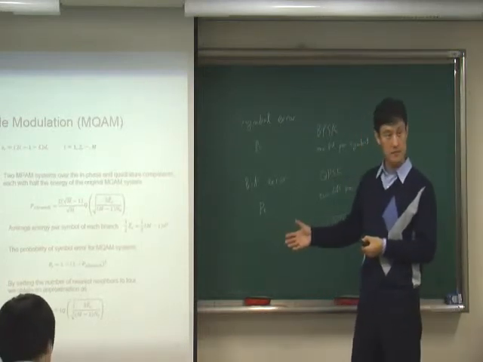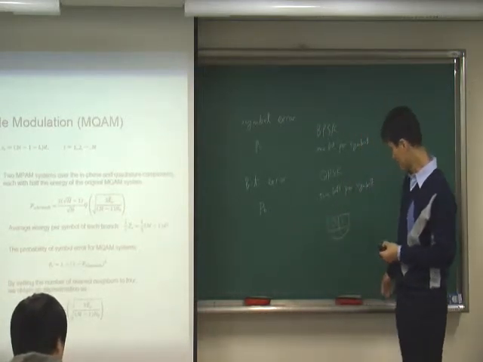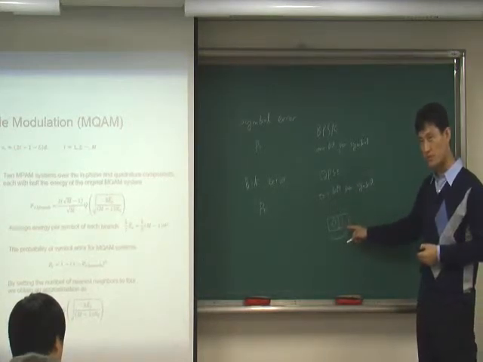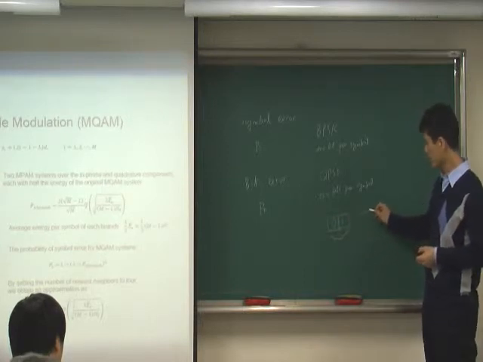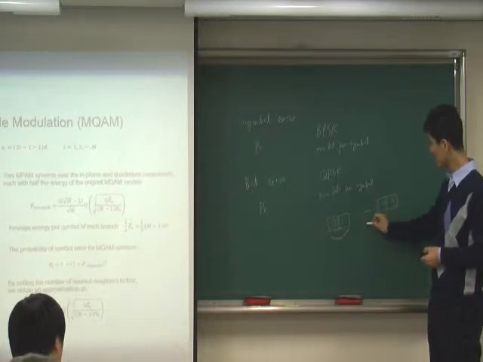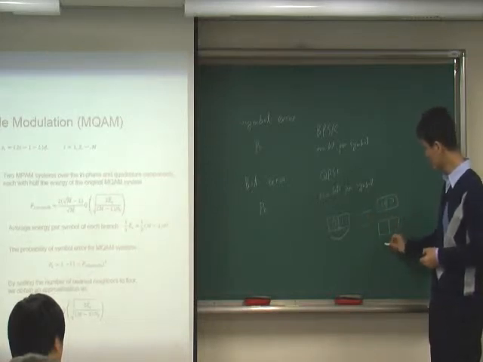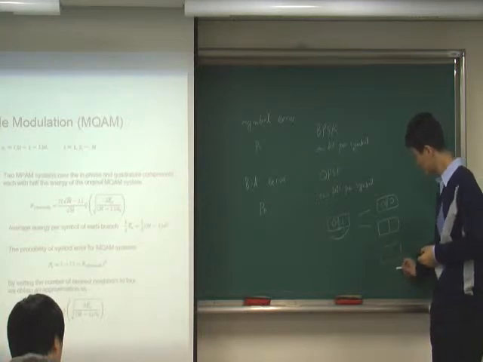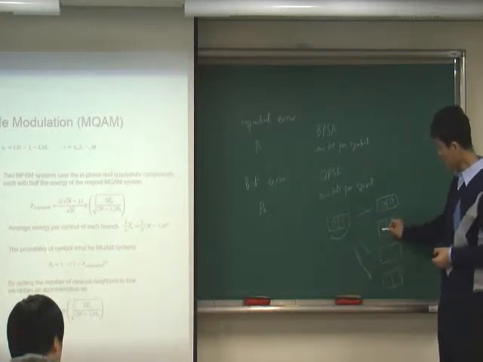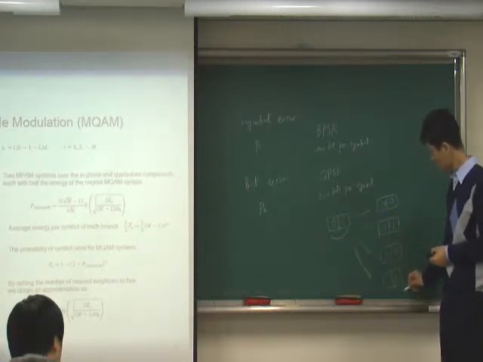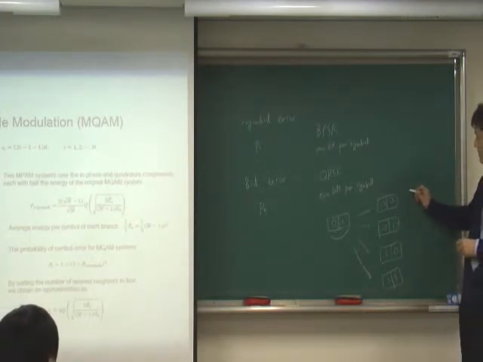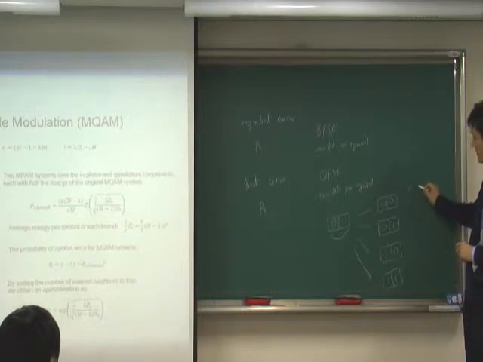Okay, now let's say this is what we transmit: 0, 1. Now let's say this is what we receive. We can think about 4 different cases, right? This one has 1 bit error.